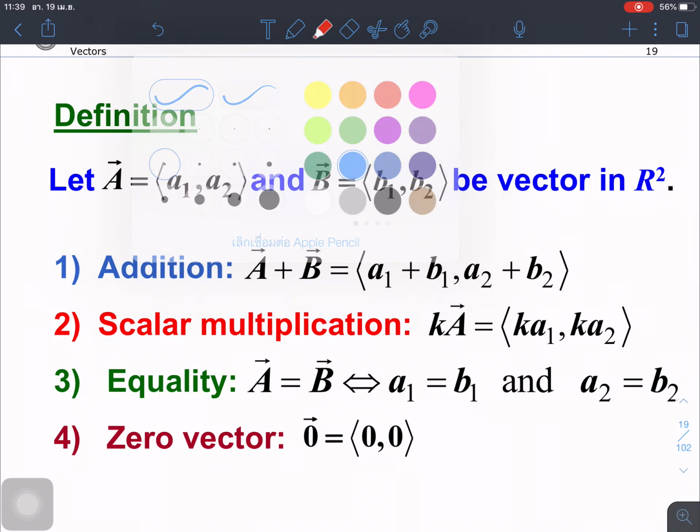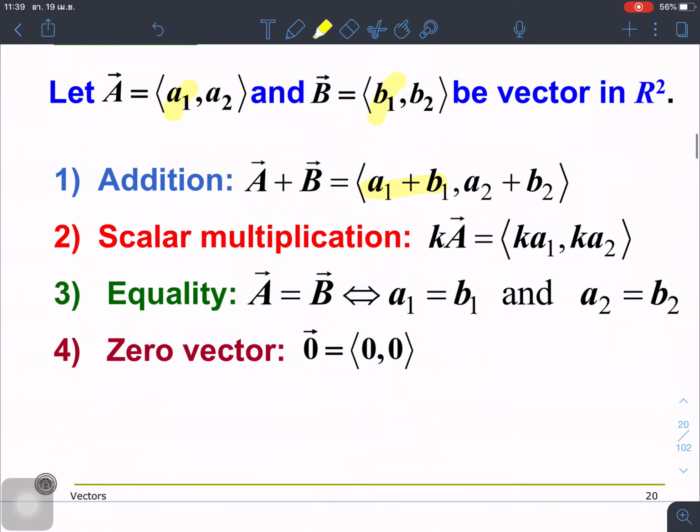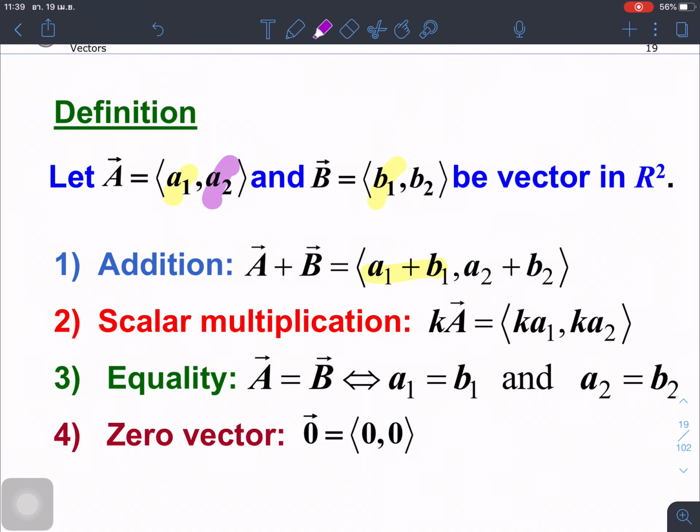In this case, you have a1 and b1, add them up, and the result should be in the first coordinate, right? On the other hand, a2 and b2, you add them up and you put it in the second coordinate. That's for y, right? That's the way you add the vector.